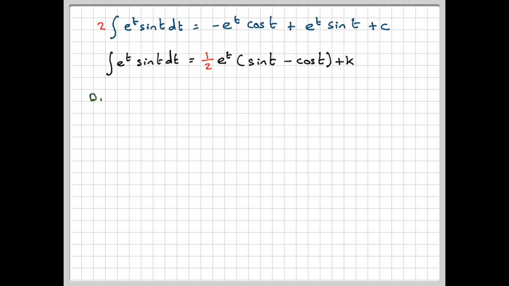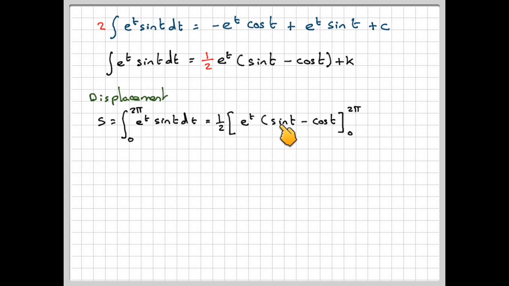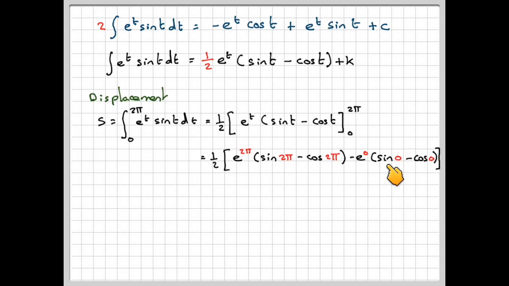Doesn't really matter. However, we were interested in the integral from 0 to 2 pi of e^t sin t, so substituting in the limits, we get a half e^t (sin t minus cos t) from 0 to 2 pi. So it gives me a half of e^(2 pi) (sin 2 pi minus cos 2 pi) minus e^0 (sin 0 minus cos 0).